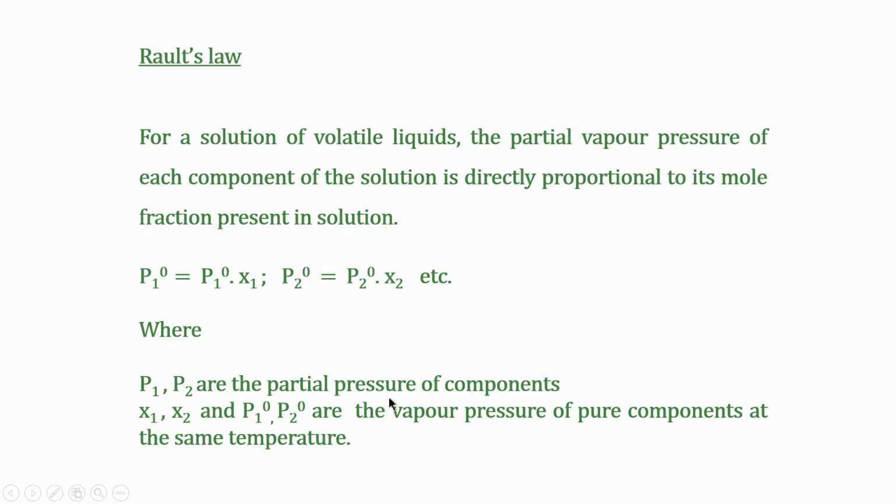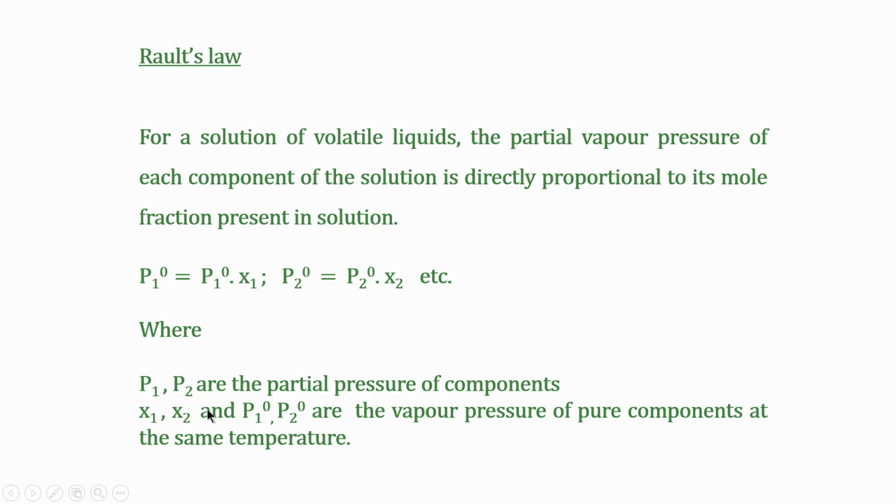Mathematically, we can say that P1 and P2 are the partial pressures of the components in a particular system. X1 and X2 are the mole fractions, and P1 naught and P2 naught are the vapor pressures of pure components at the same pressure. So, P1 is proportional to P1 naught into X1, and P2 would be P2 naught into X2.